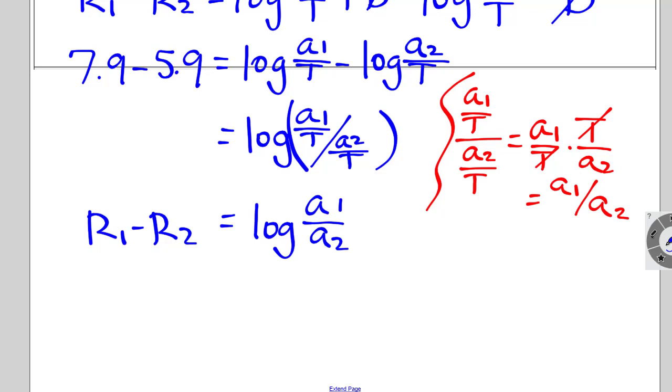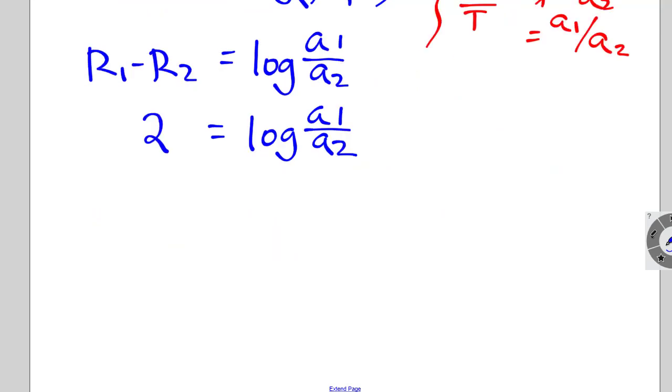We know the difference between R1 and R2 is 2. And so we want to solve this, figure out what the ratio of A1 to A2 is, and this is where we use our definition for what a log means.